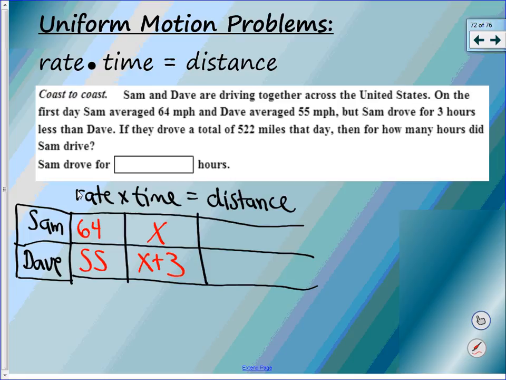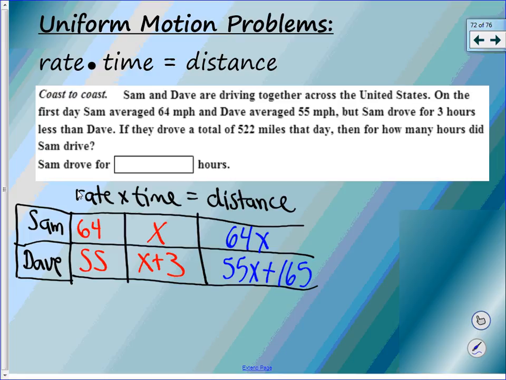You just multiply across. Okay? So you have enough to find the distance now. 64 times x is 64x. 55 times x plus 3 is 55x plus 55 times 3 is 165. Okay, because you have to make sure to distribute the 3 to the 55 as well.